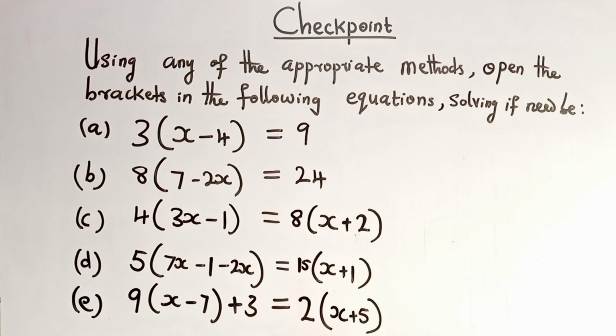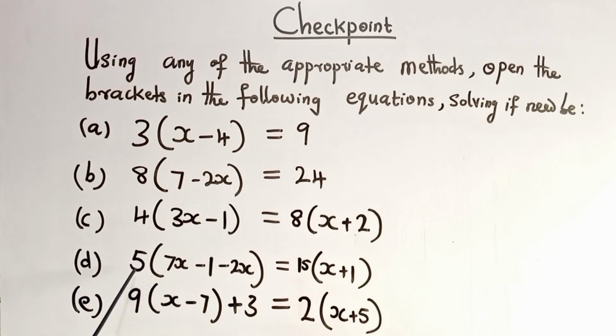Now, the first one, that's number A, says 3 bracket x minus 4 is equal to 9. Then number B says 8 bracket 7 minus 2x is equal to 24. Number C says 4 bracket 3x minus 1 is equal to 8 bracket x plus 2.